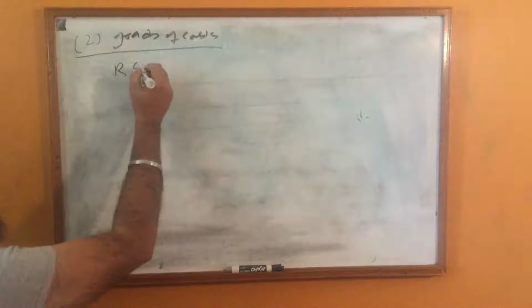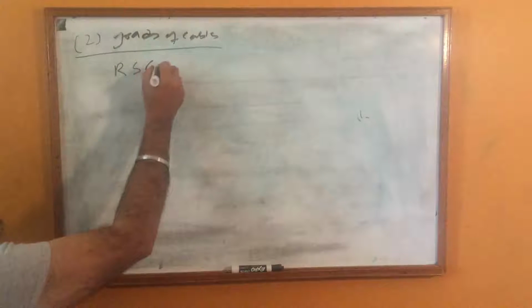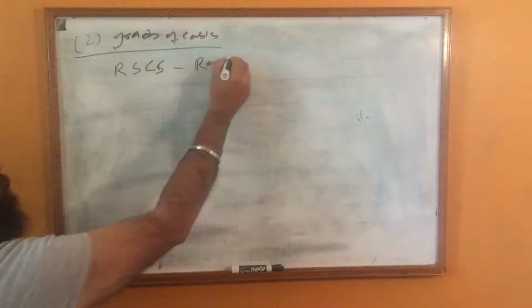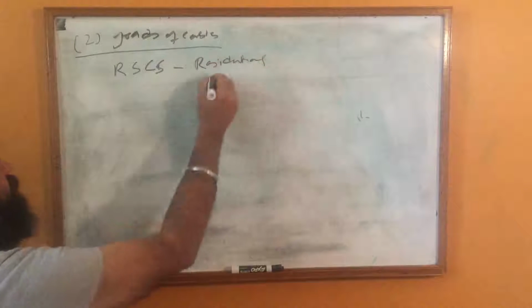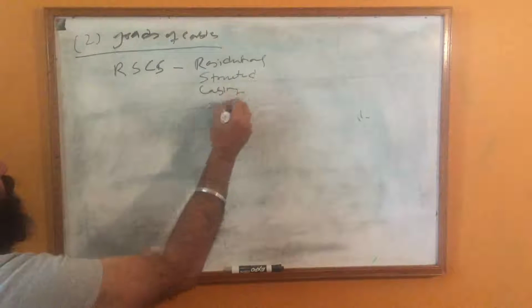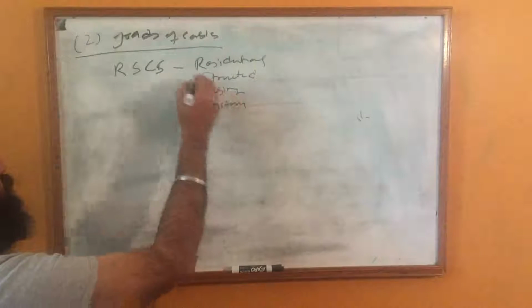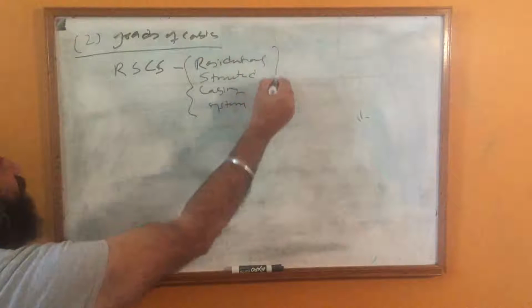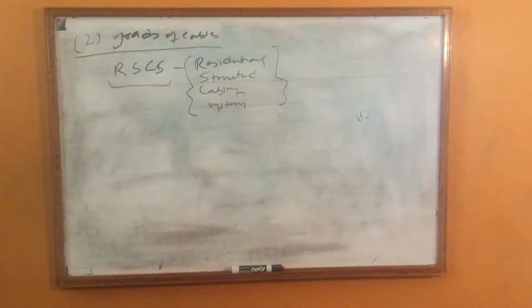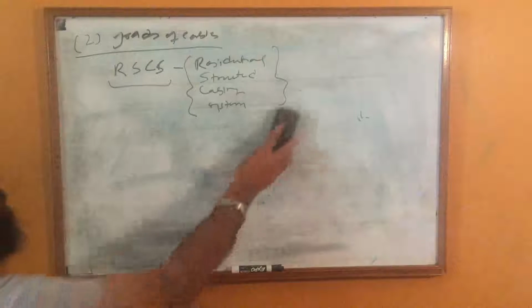You will hear this fancy word sometimes, RSCS. It's nothing but residential structured cabling system. Whatever we are talking about here in the C7 certification is most of the time referred to as residential structured cabling system, but it is valid for commercial applications as well.